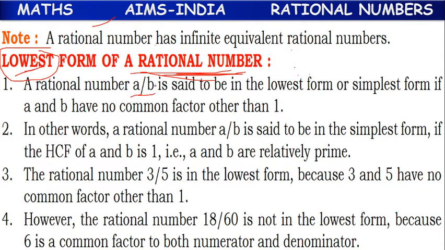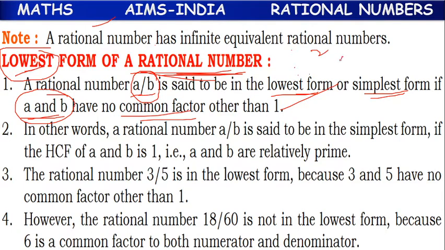If we have a rational number a by b, it is said to be in lowest form or simplest form if a and b have no other common factor other than 1, or coprimes. If they have no other common factor, we can tell them as coprimes.